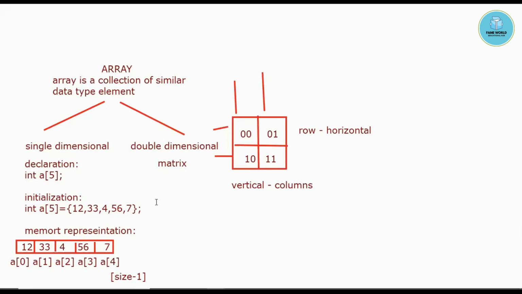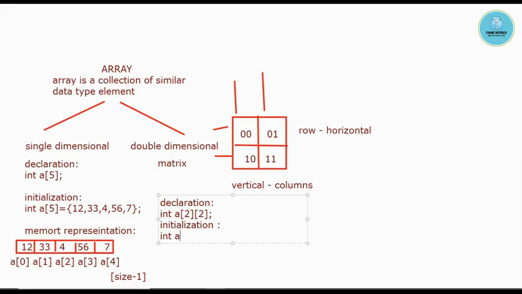Now when we are talking about a two dimensional array, that is matrix, suppose we are taking a of 2 by 2, two rows and two columns. This is basically the declaration of a two dimensional array, and now I am going to take initialization.